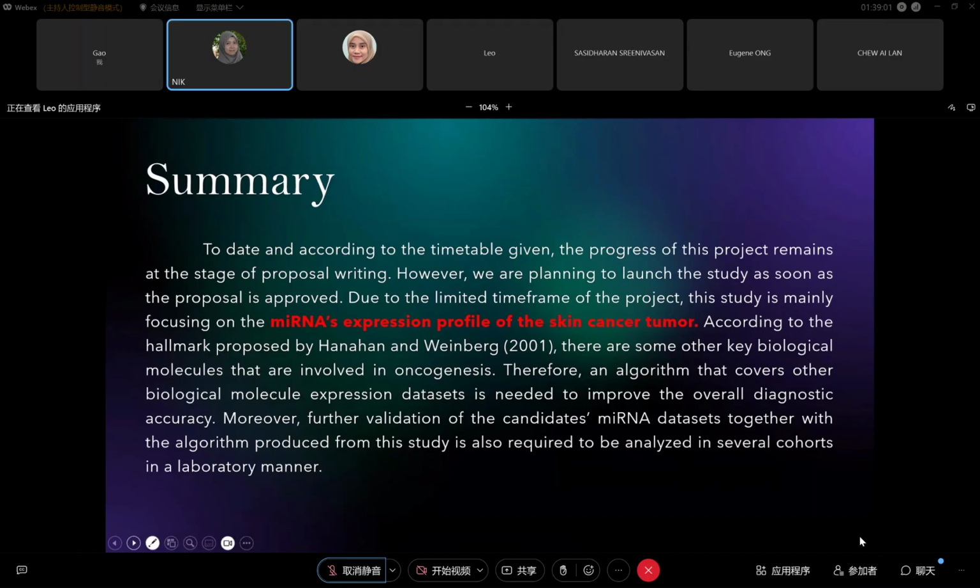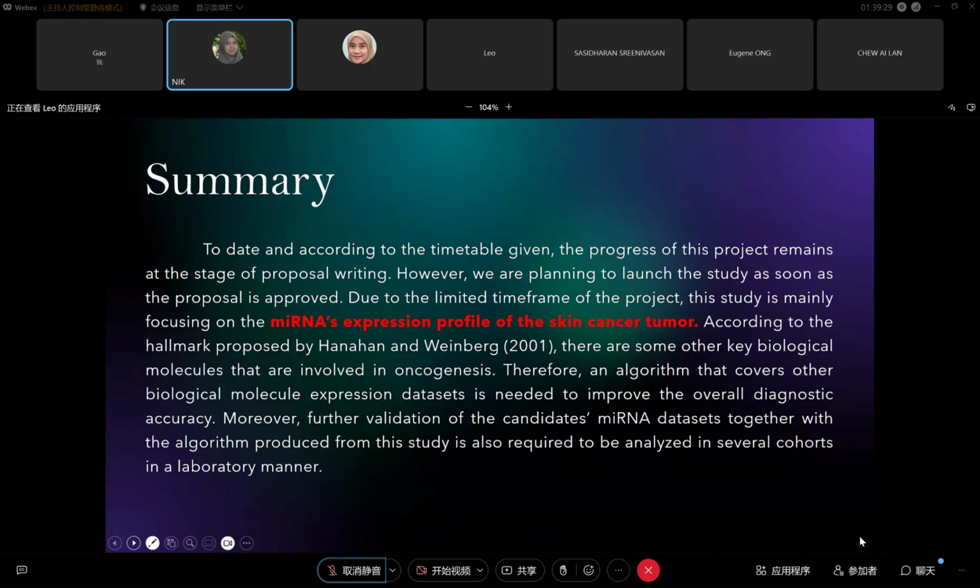Because I think if you have additional microRNA that could be potential for future studies, there could be new findings of microRNA as biomarkers, despite just depending on what people have already reported. Okay.